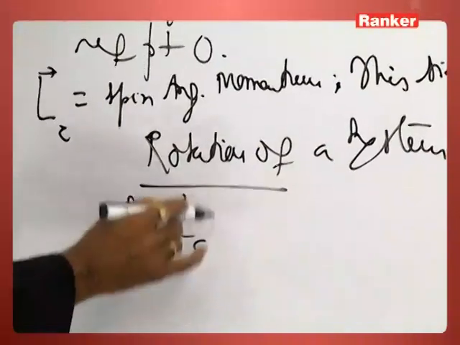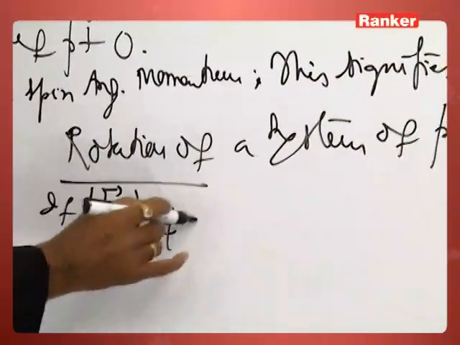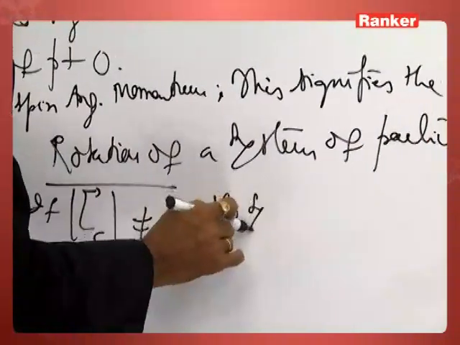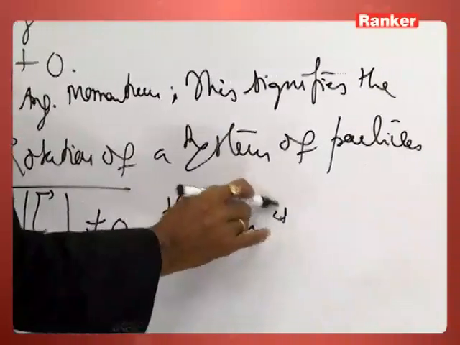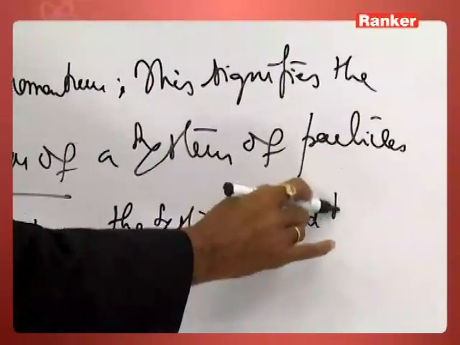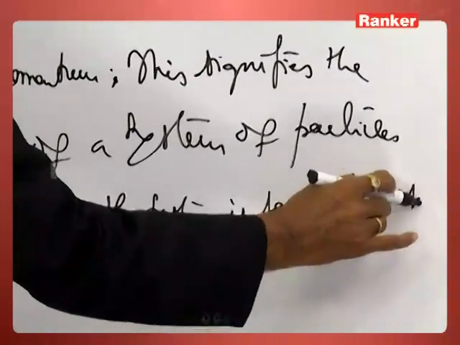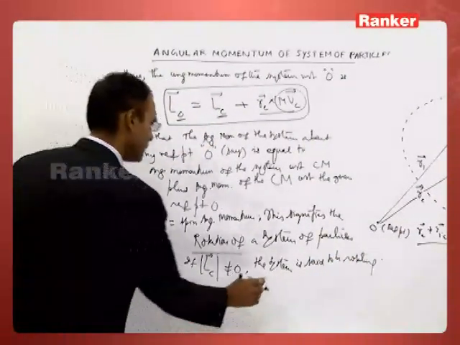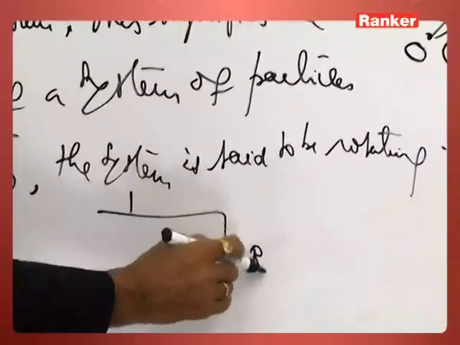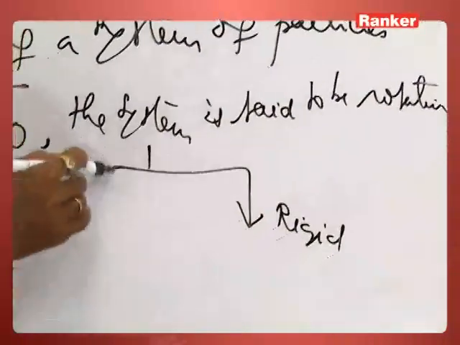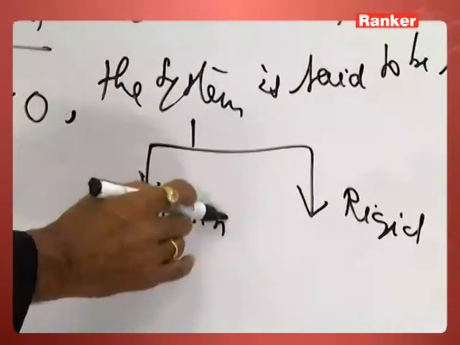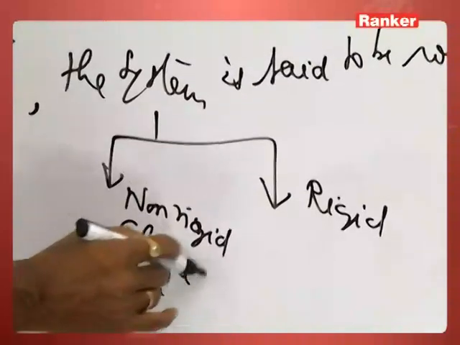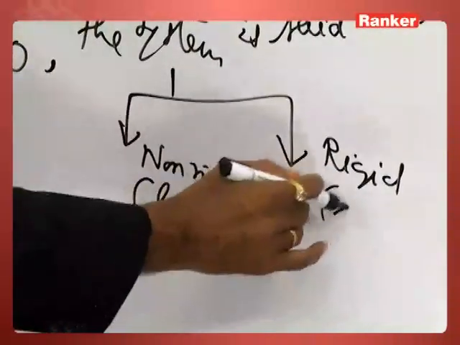If LC is not equal to 0, the system is said to be rotating. The system may be a rigid body or it may be non-rigid, like liquid or gases. It may be solid.